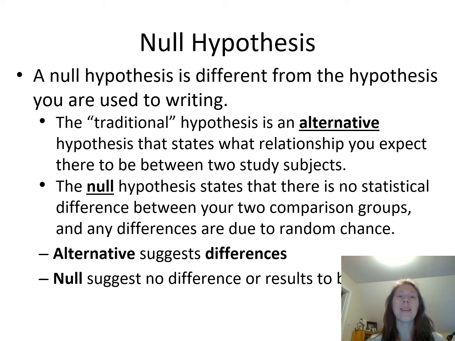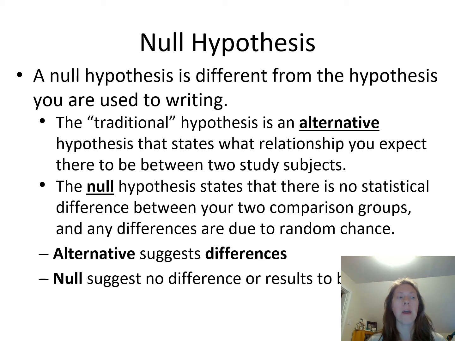And no statistically significant difference is really important because we're going to use math to show that there is or is not a relationship. So that's what makes the null hypothesis so important, because it's a lot easier to prove no relationship than it is to prove a relationship.